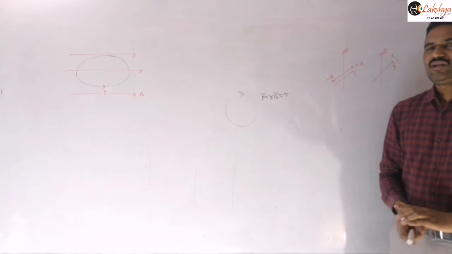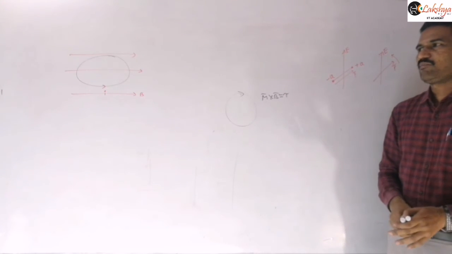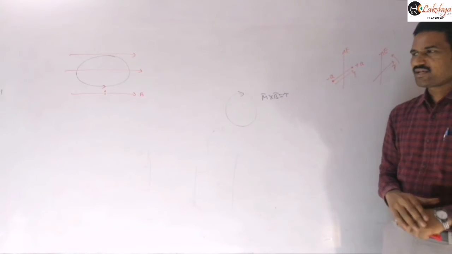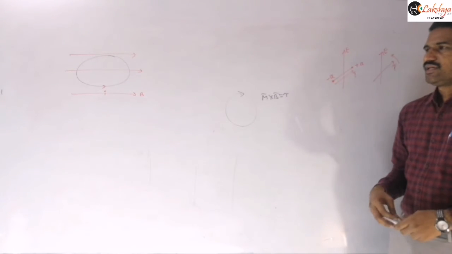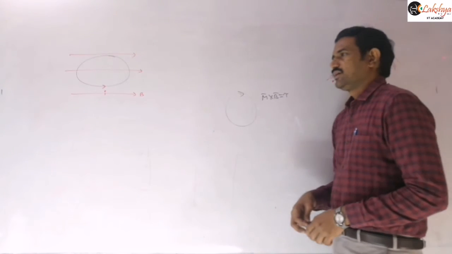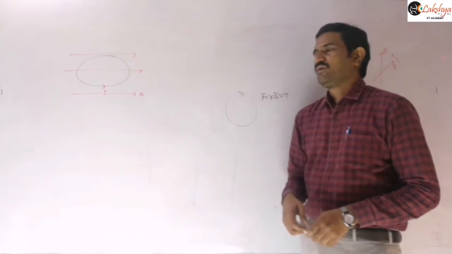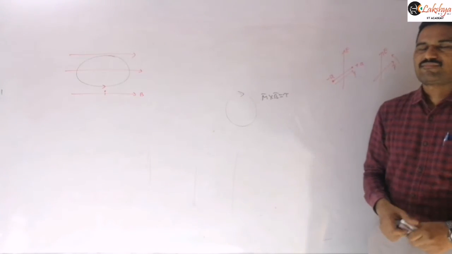A circular coil of radius r and mass m carrying current I is placed on a horizontal surface.